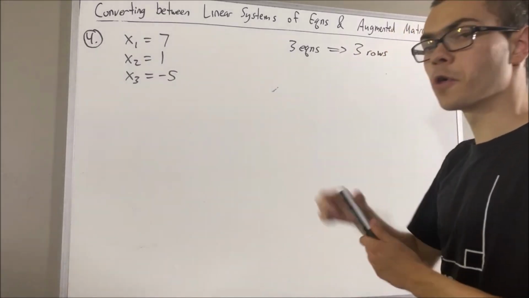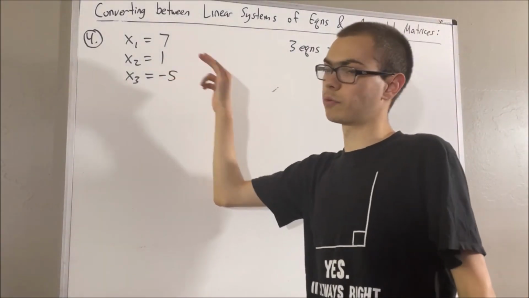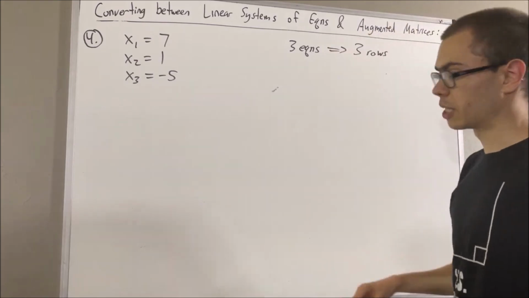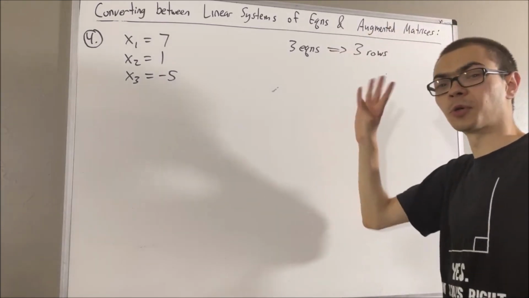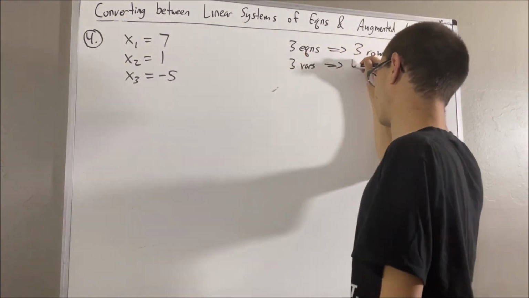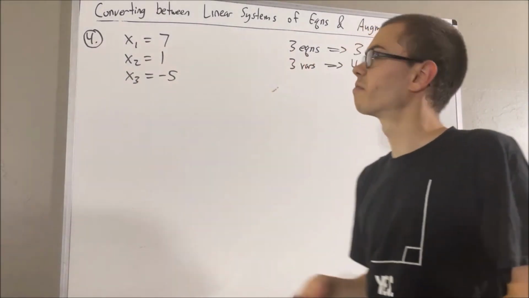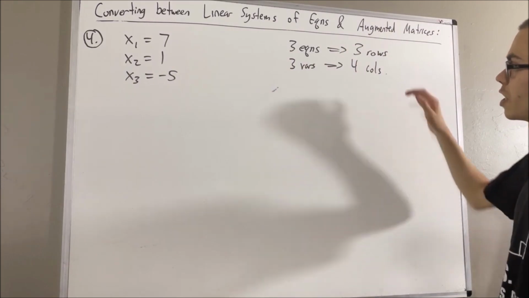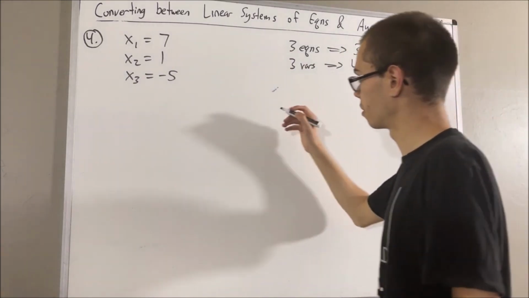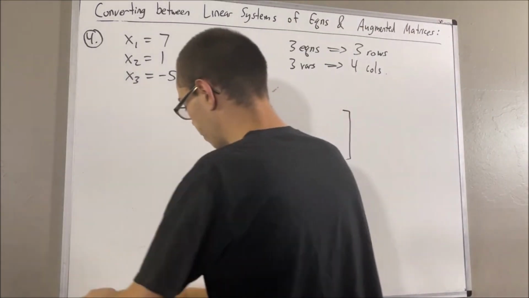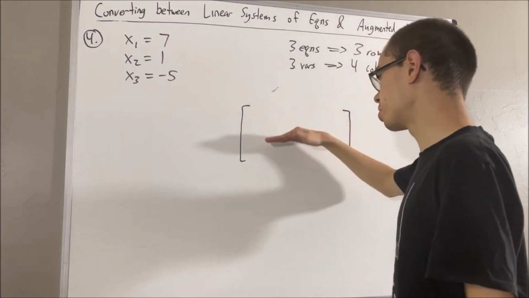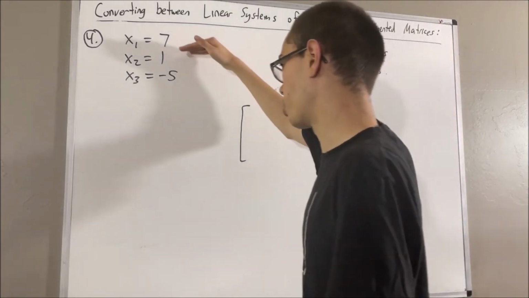In this case, we have 3 variables, x1, x2, and x3. So because we have 3 variables, we're going to have 4 columns, right? The extra column is reserved for the numbers on the right-hand side. So let's construct a matrix with 3 rows and 4 columns. And let's keep in mind that the 3 rows of our matrix correspond to the 3 equations.